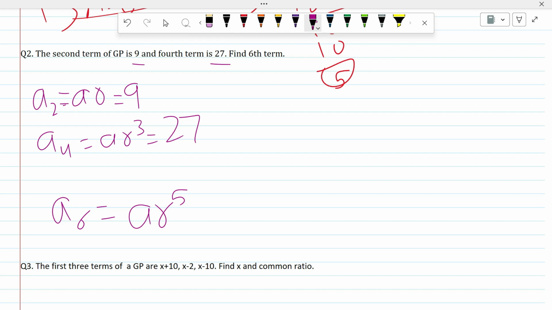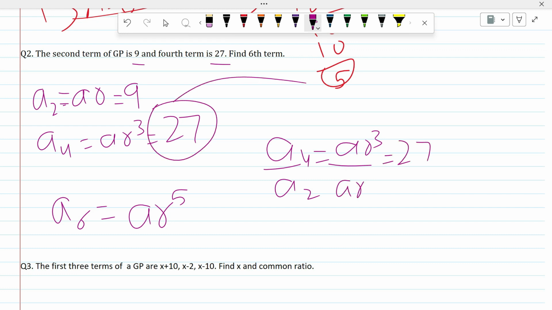Now simply do one thing: divide A4 by A2. You will see right now. A4 is equal to AR cube, and divided by AR is equal to 27 divided by 9, substituting the values.